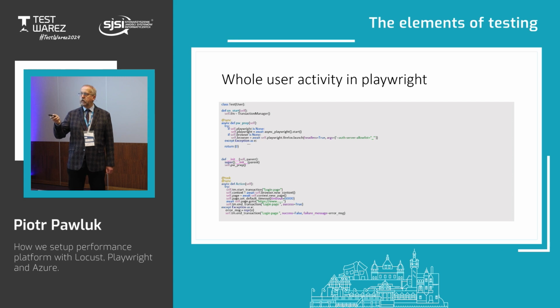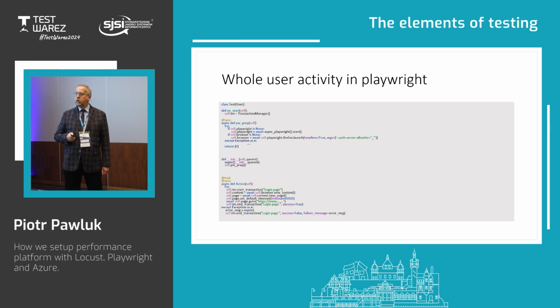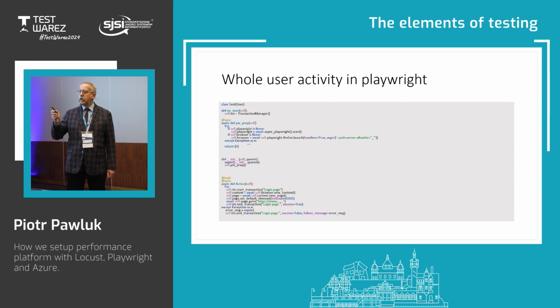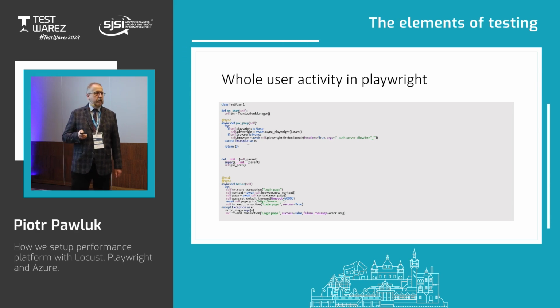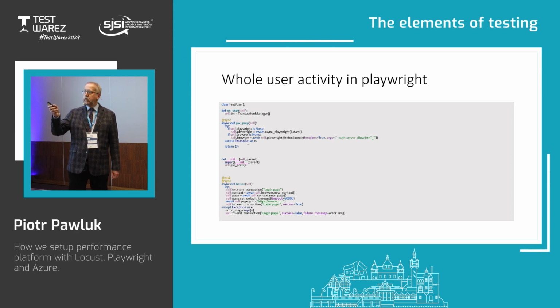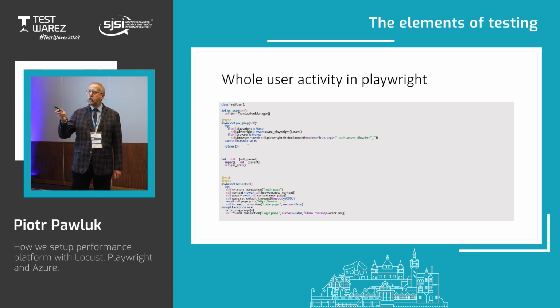So for example, login page with some timeouts, go to the page, do some exception handling in case of exception, stop the action. And you see this start transaction and transaction. It is part of the Locust Playwright.